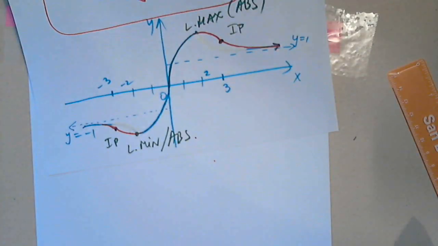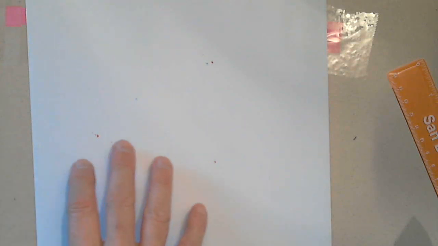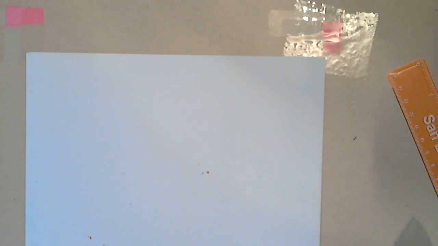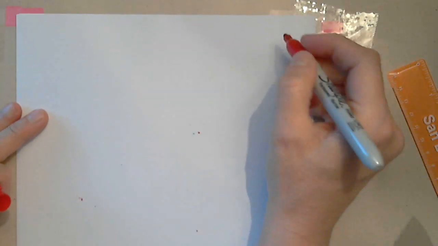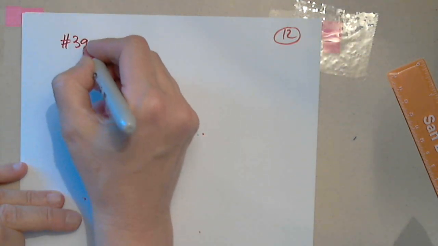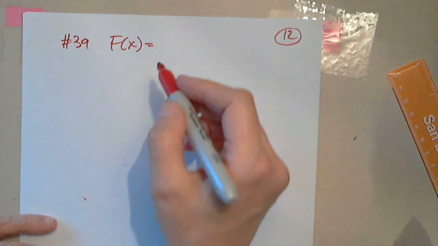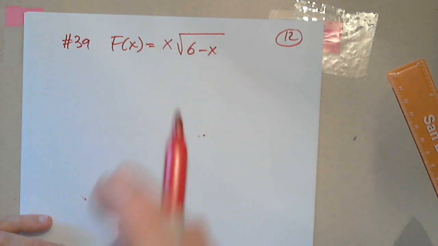Okay, so let's take a look at 39, since we haven't looked at a square root function so far. So this was 11, now this is 12. So please look at both the lectures, because with all these functions it's a lot of work. So 39. We have f of x equals x times the square root of 6 minus x.